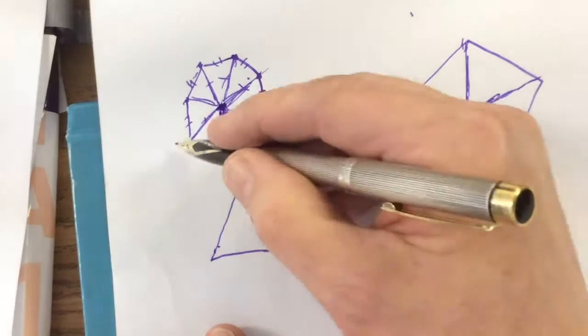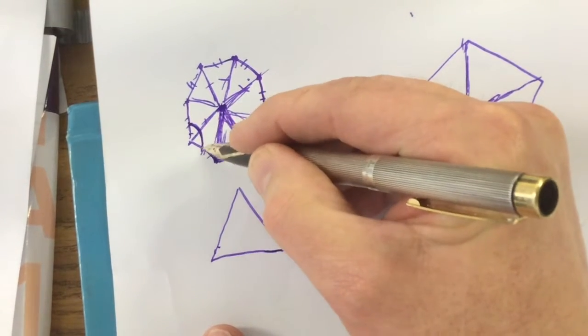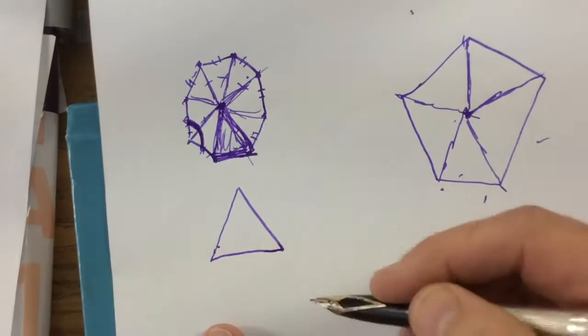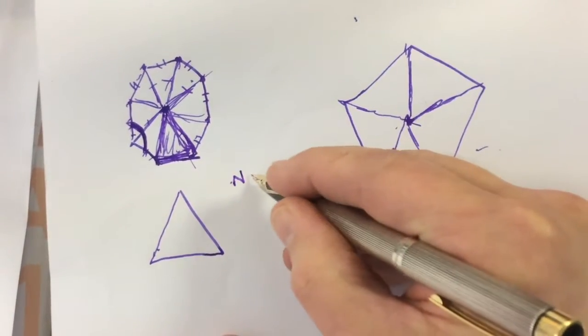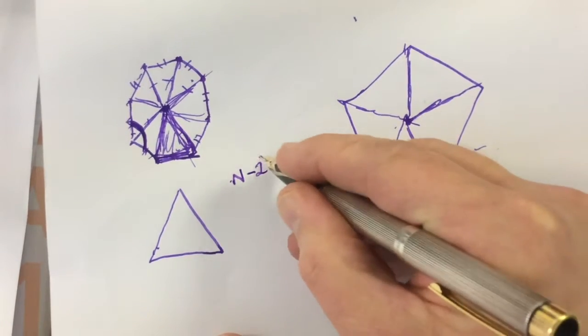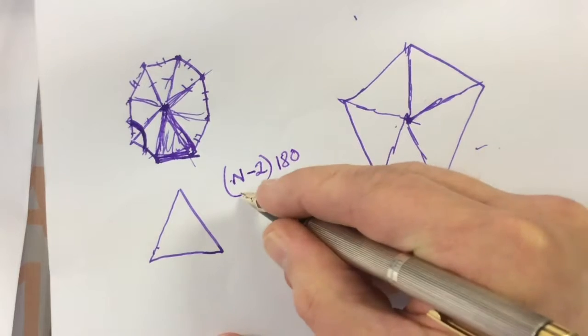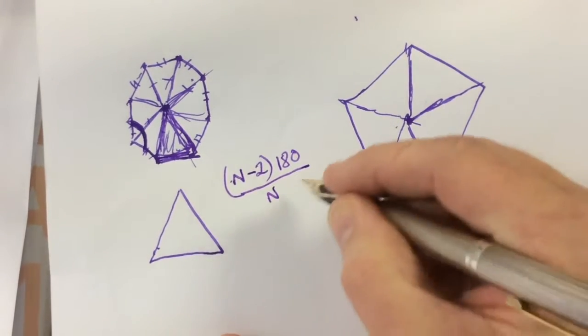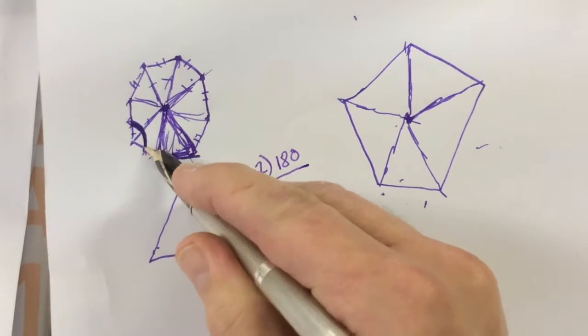First of all, we know how to find the measure of an interior angle of a regular polygon. We did this last semester. It is the number of sides minus 2 times 180 divided by the number of sides. That's the measure of this angle here.